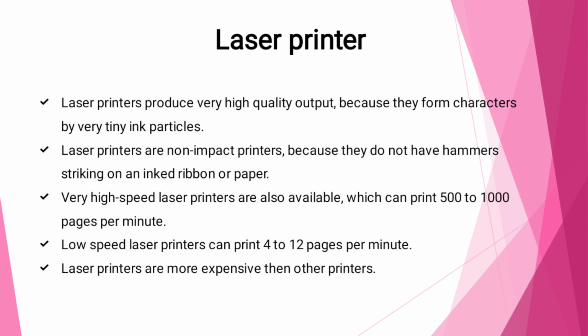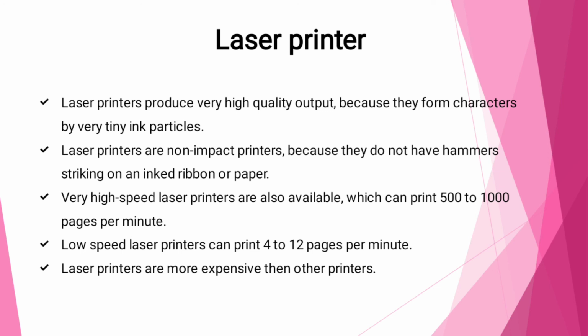The next one is laser printers. They produce very high quality output because they form characters with very thin ink particles. Laser printers are non-impact printers because they do not have a hammer striking on an inked ribbon or paper.